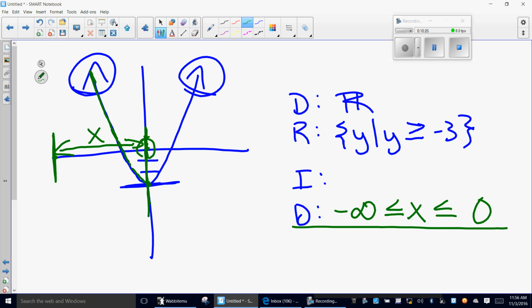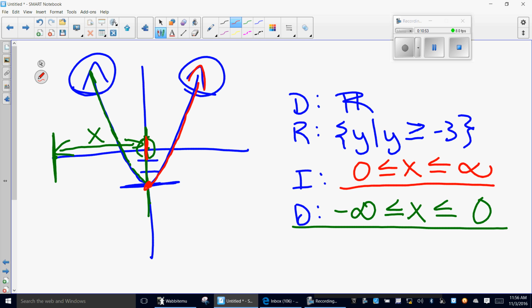Then in my other color, at 0, right here on the x-axis, I then begin to do what? Increase, go up. So how would I write my statement for increasing? 0 is less than or equal to x, which is less than or equal to positive infinity, because I'm going all the way to the right forever.